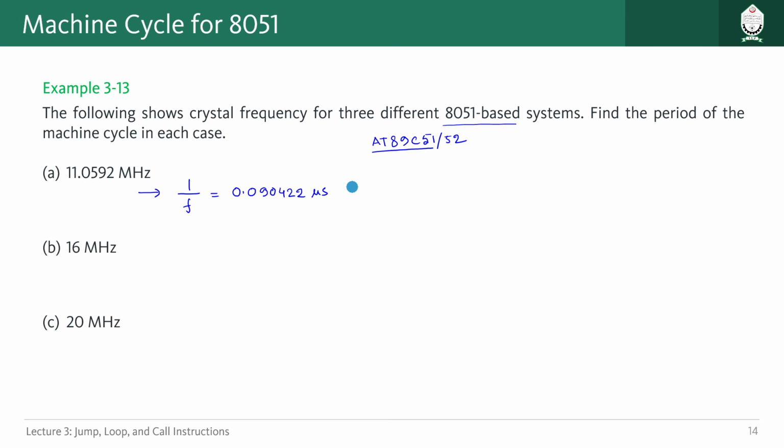And because we know 12 such clock pulses give us one machine cycle, we multiply with 12 and you get 1.085 microsecond.